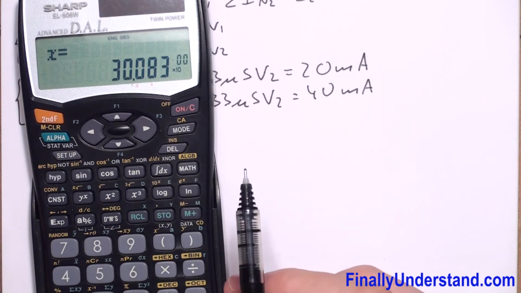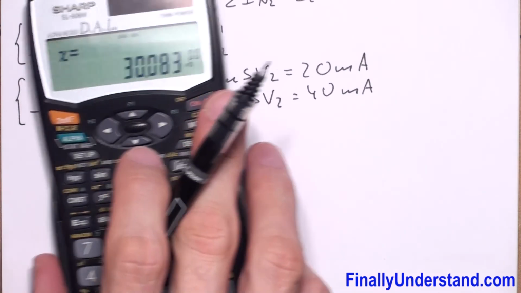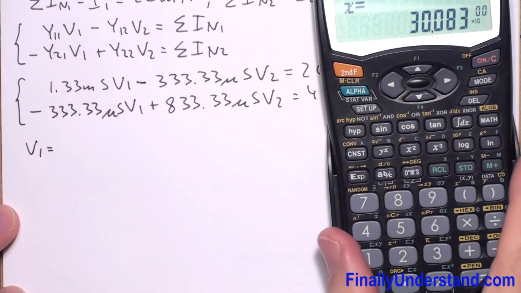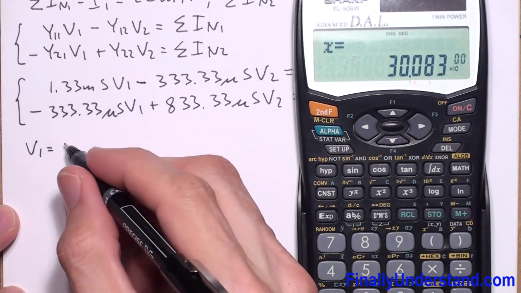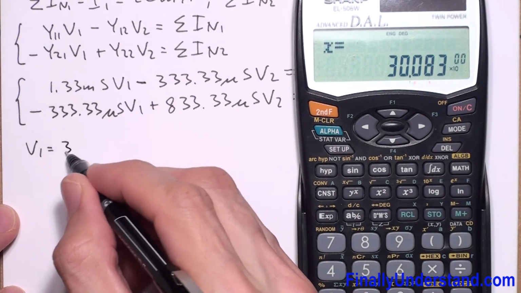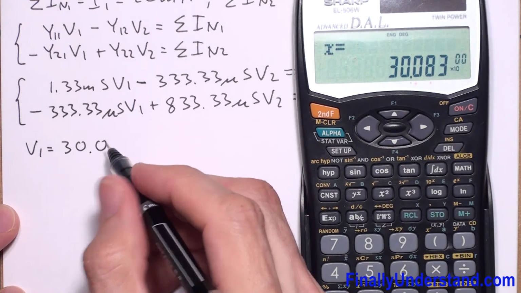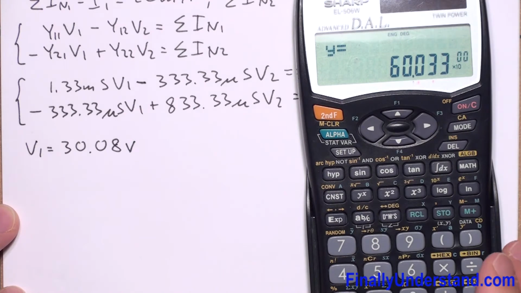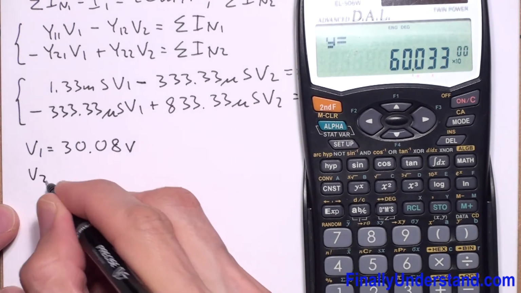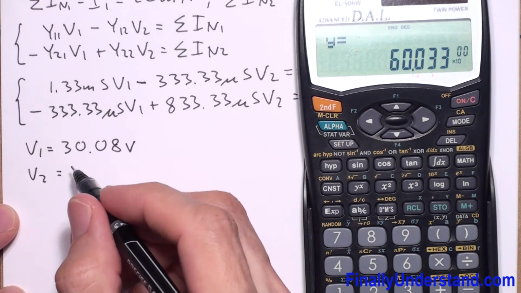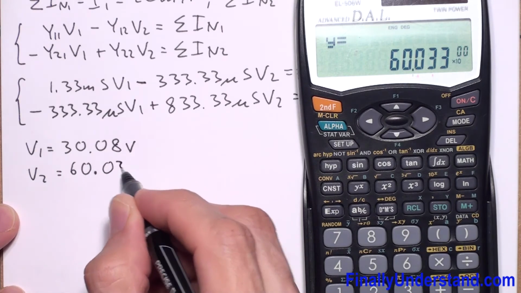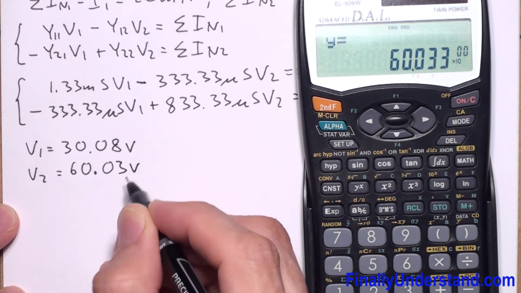So I got V1, my voltage V1 is equal 30.08 volts, and my V2 is equal 60.03 volts.